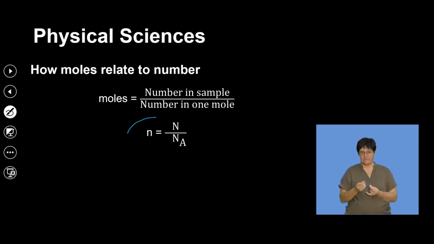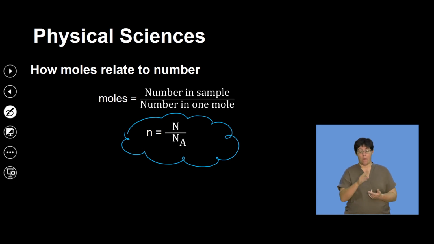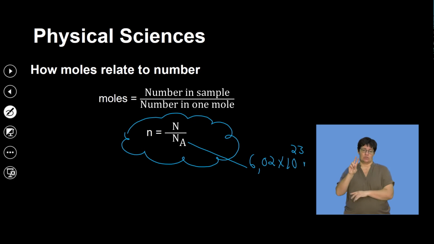So it is straightforward to say that the moles present in a sample depend on the number of particles versus the number per mole, which is the Avogadro number. So this is our constant, 6.02 times 10 exponent 23 per mole. In this case, we've got the number of particles.